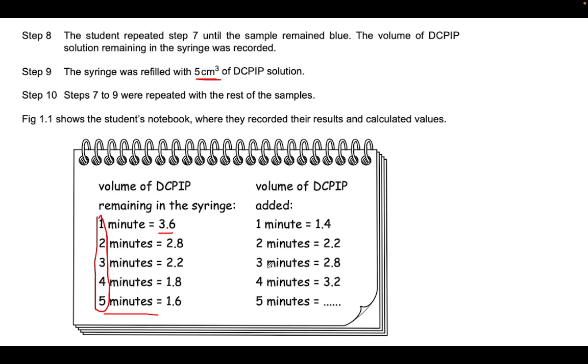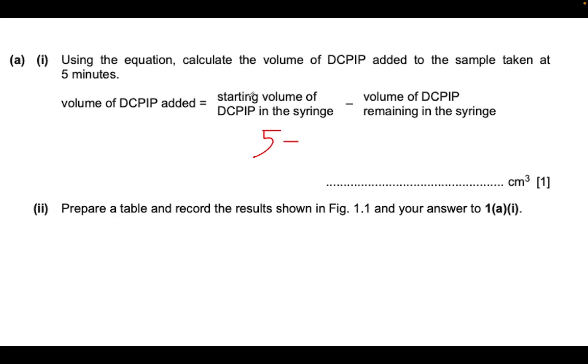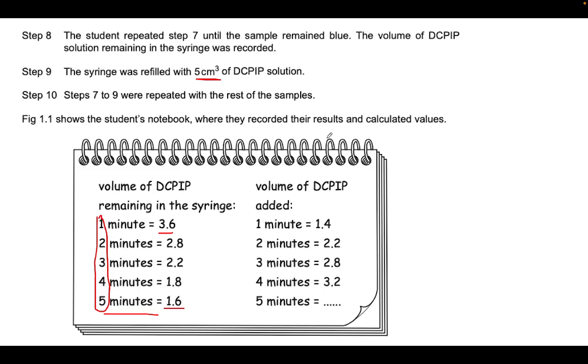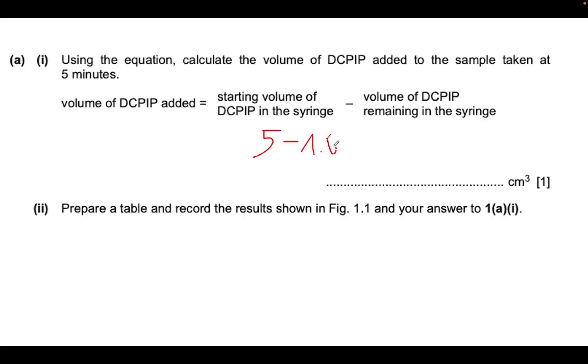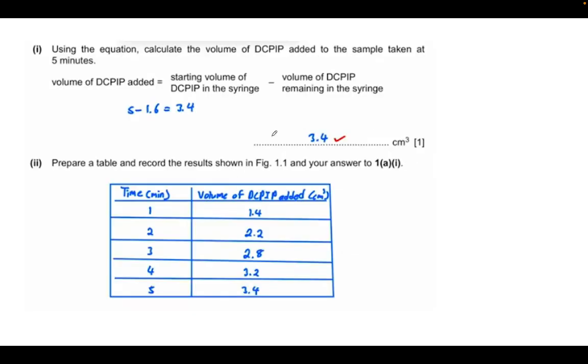Then we check the remaining one, which is 1.6, so it is 5 minus 1.6. Then you can work it out and you will see that it is 3.4. I saw that many of you could easily do it. It's exactly this that I'm talking about: the starting one, which is 5, and the remaining one, then you have 3.4. You can do correction on it.